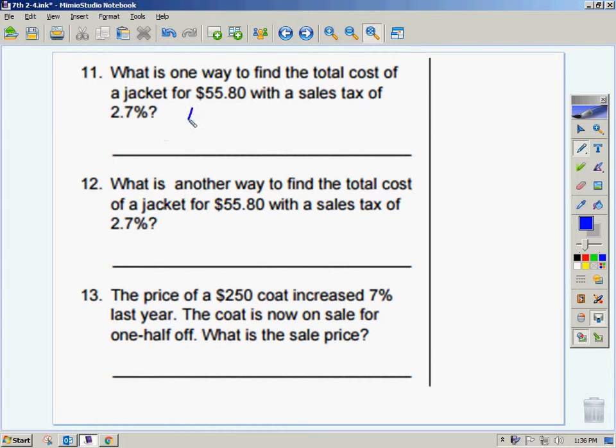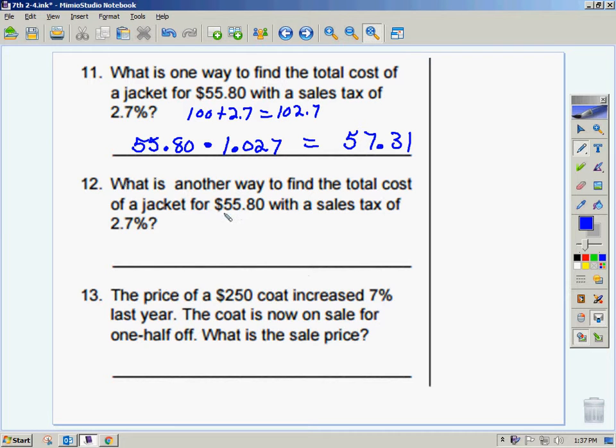Well, one way would be to take 100% plus 2.7%, 102.7, and take 55.80 times 1.027. If I did that, it'd come up with 57.31. That's one way.